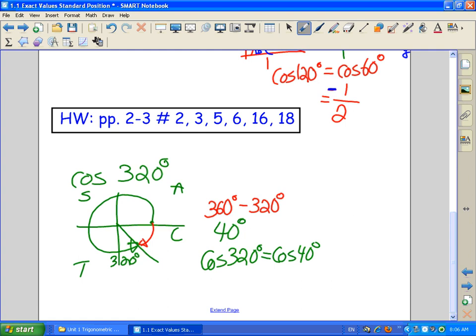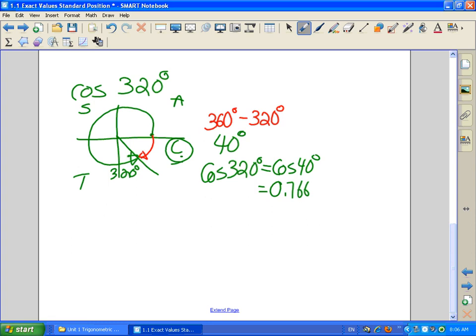So you go cosine of 40 degrees equals 0.766, okay? And then you've got to check to see if it's positive or negative. And it's in quadrant 4, and cosine is positive, so your answer is positive.